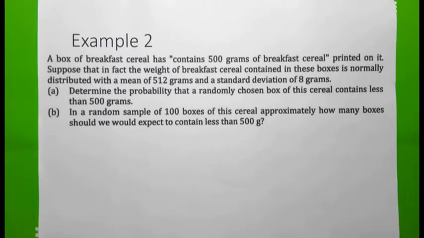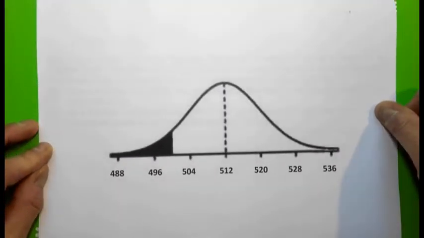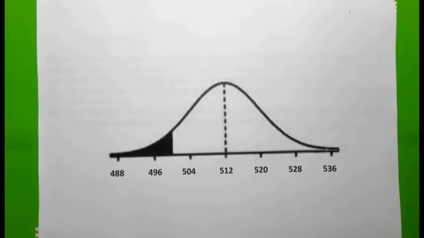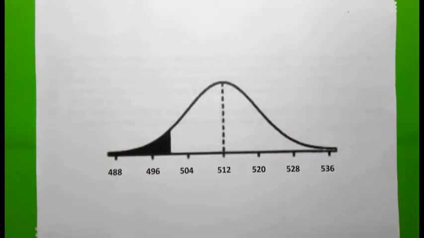Now, in the random sample of 100 boxes of this cereal, approximately how many boxes we would expect to contain less than 500 grams? Okay, let's have a look at the normal distribution curve again. This time, I have generated it using a nicer diagram rather than my hand plot.